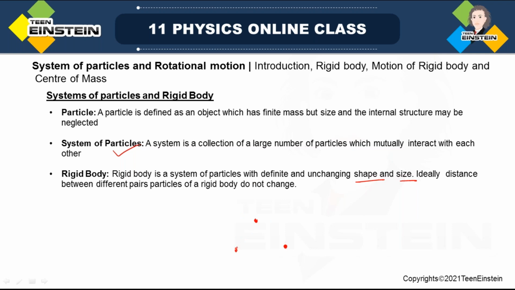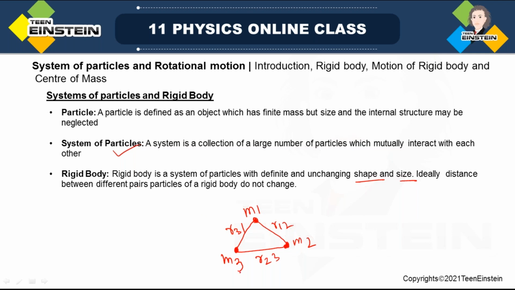Suppose you have a system of particles which has 3 particles. Suppose this has mass m1, this has mass m2, and this has mass m3. They have distances between them: r12, r23, and r31.